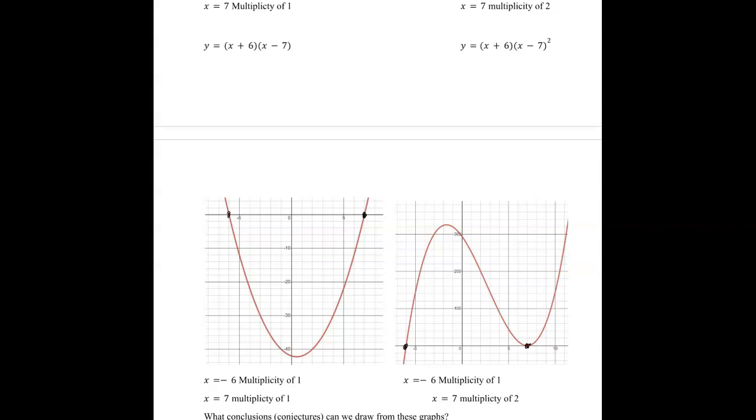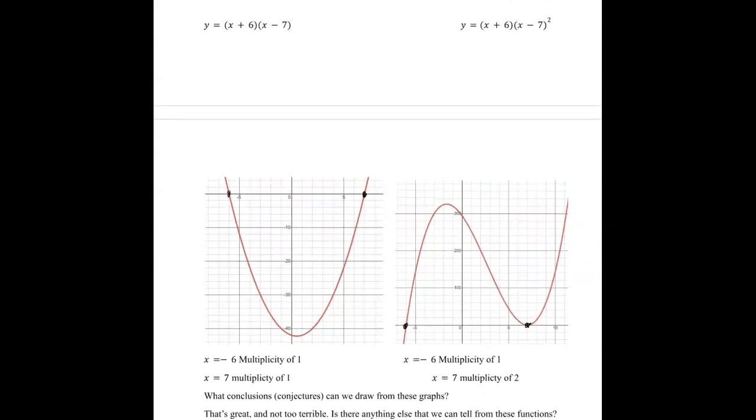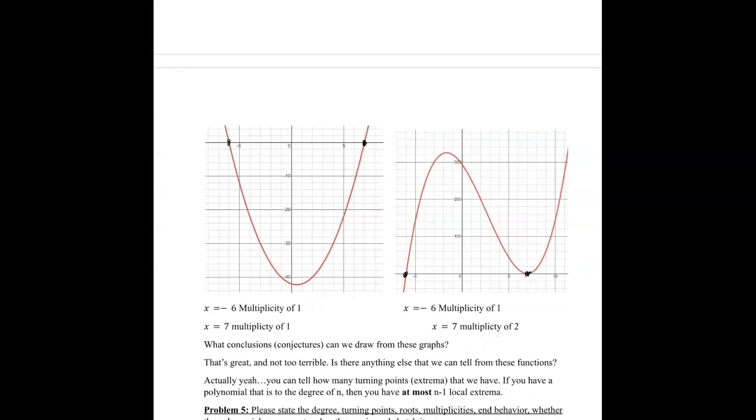Alright, so what conclusions can we make about these drawings when it comes to multiplicities? Well, anytime that there's an odd degree or odd multiplicity, it's going to cross the x-axis.